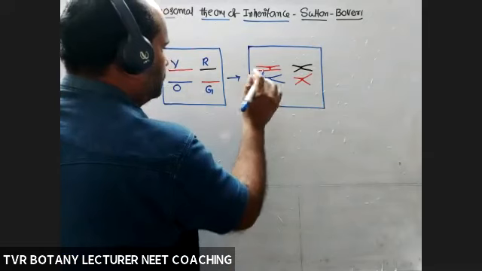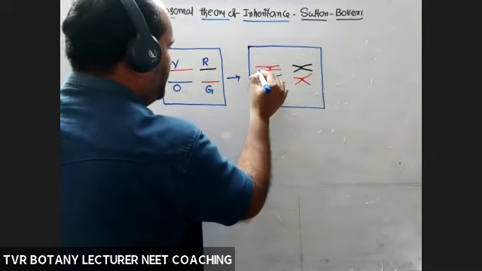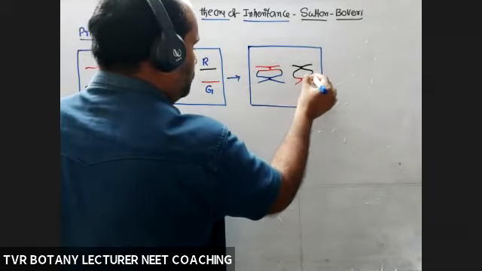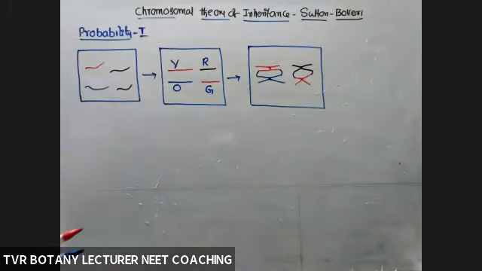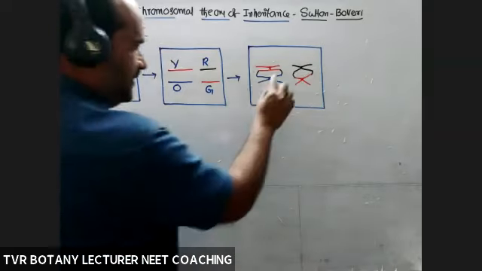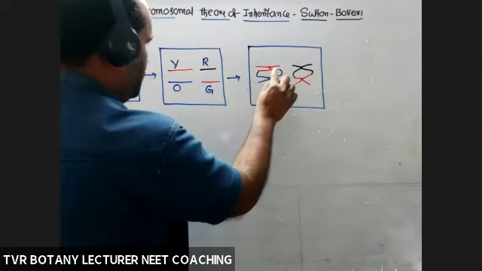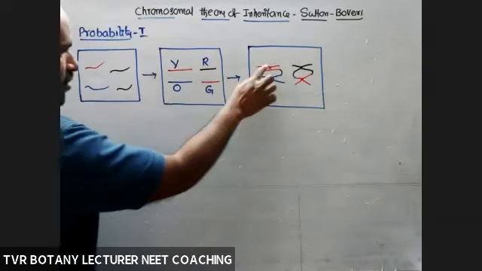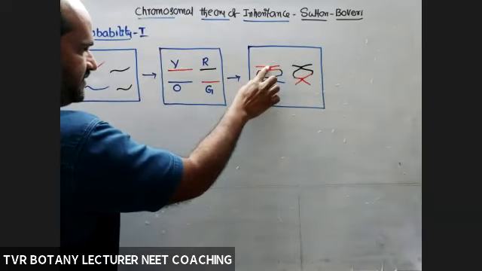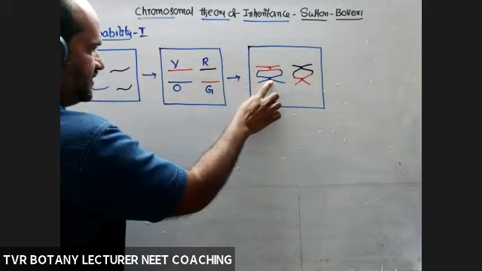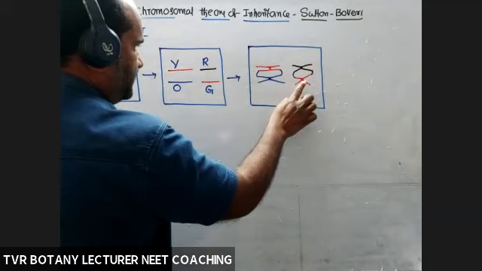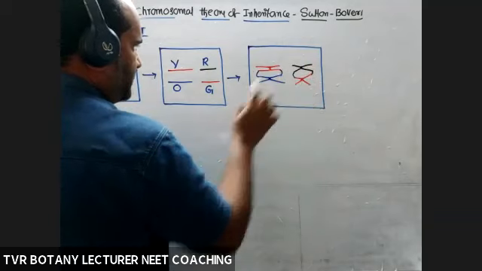Okay. So these two are joined here. Non-sister chromatids. So in a bivalent, yellow chromatids are sister chromatids, orange chromatids are sister chromatids, red chromatids are sister chromatids, green chromatids are sister chromatids.